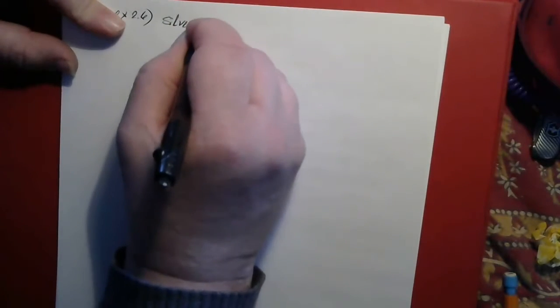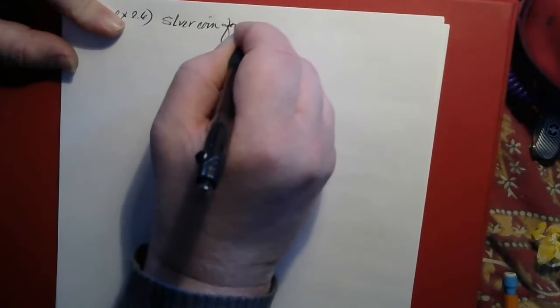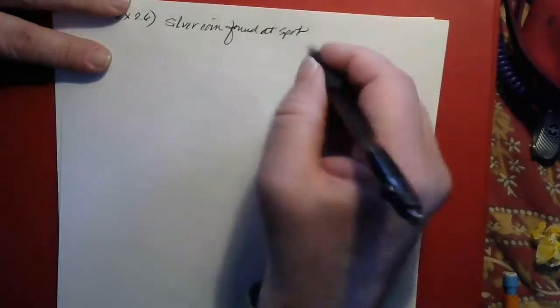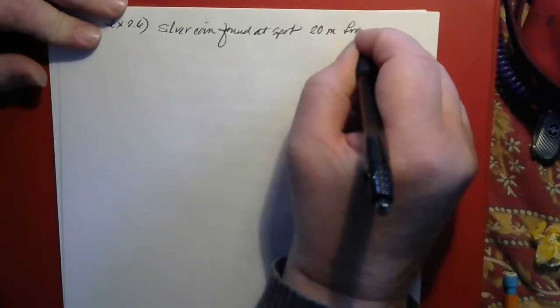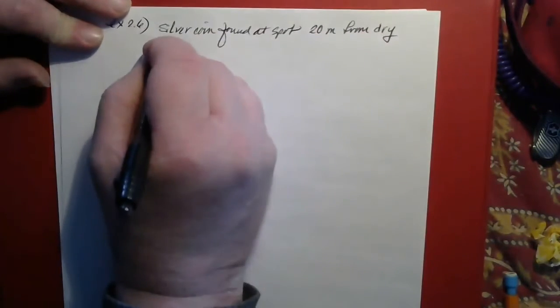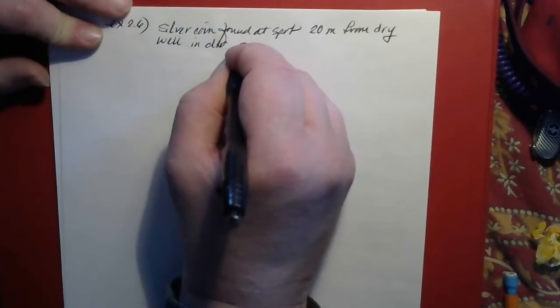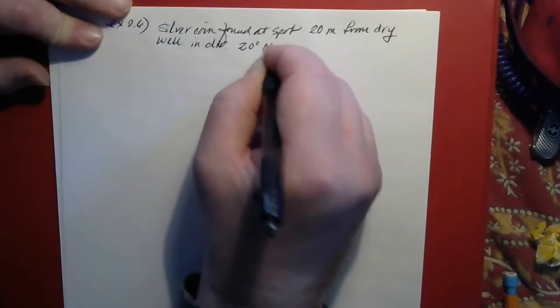Somebody is out metal detecting in this example. And you're starting out searching for treasure at this dry well. So the dry well is going to act as the origin, and you find a silver coin at a spot 20 meters from the dry well in a direction 20 degrees north of east.